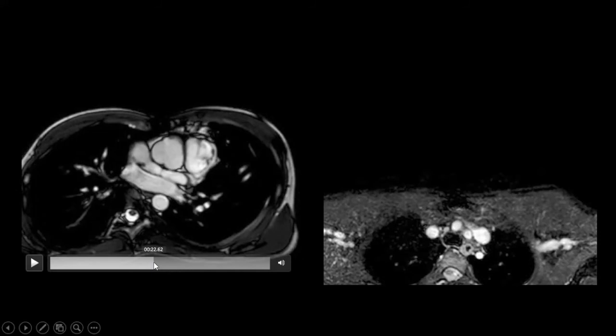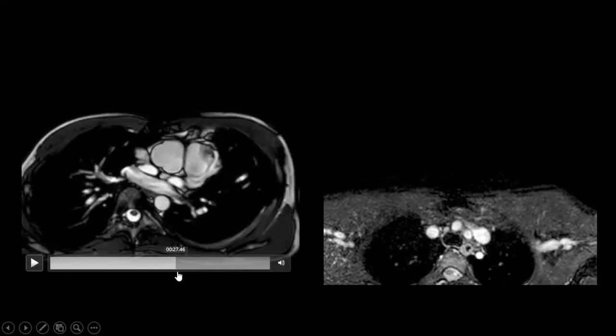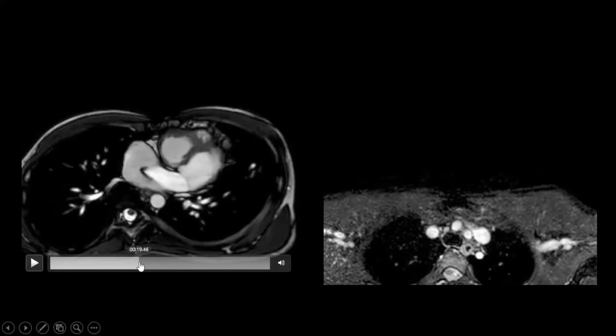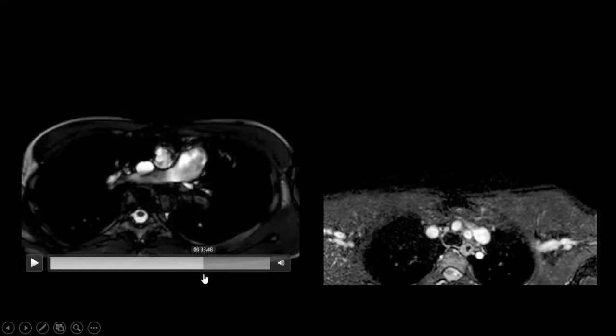Now the oxygenated blood from the lungs comes into the pulmonary veins. This is the pulmonary venous baffle which is created, and it drains into the systemic ventricle, which is the right ventricle in this case, which gives rise to the aorta, which contains the oxygenated blood.